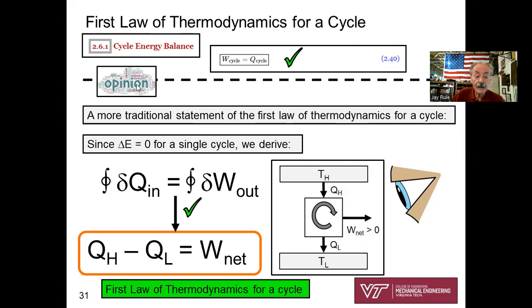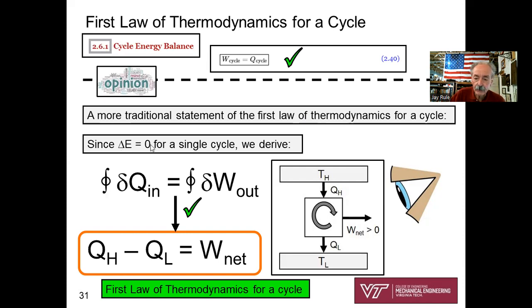However, my opinion is that you need to get familiar with a more traditional statement of the first law of thermodynamics for a cycle. If I were your instructor in class, I'd say that the textbook is correct, but we're going to add some stuff in class that I feel is a more thorough statement of the first law for a cycle.